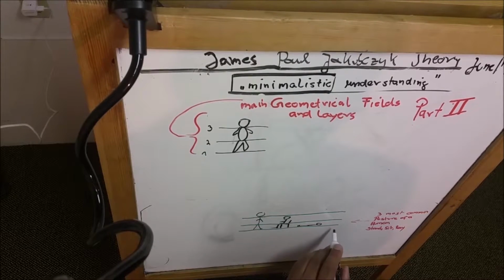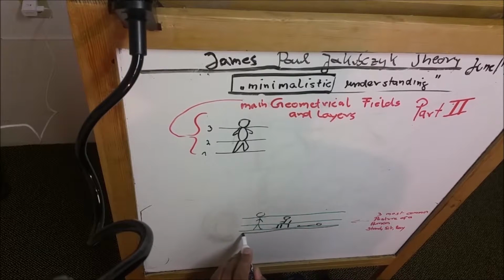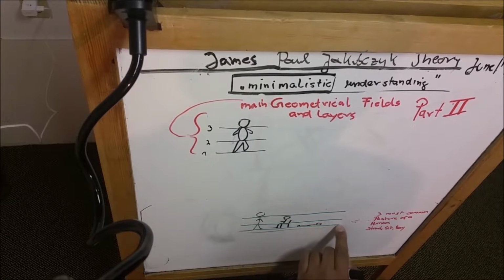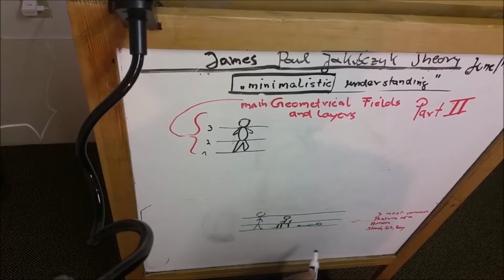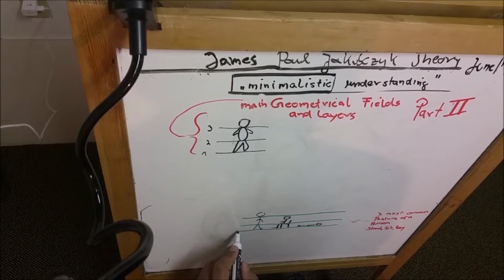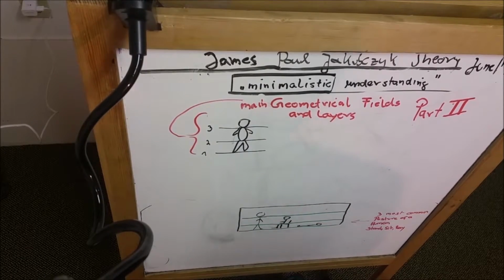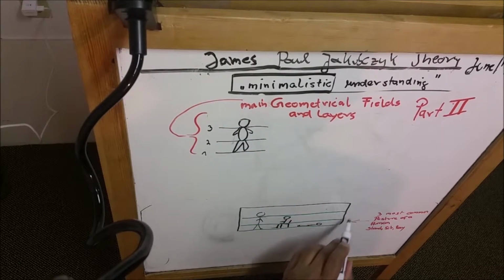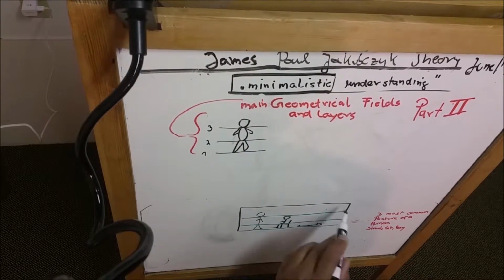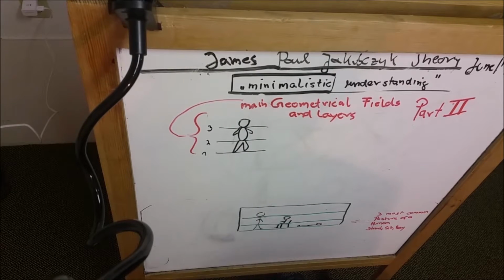If we now put a box around it, another geometrical field layer, a box, a geometrical square or rectangle, you see everything becomes more geometrical, right? So we have here the ground level, the upper body level, and the head level.